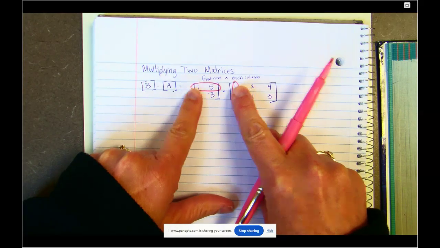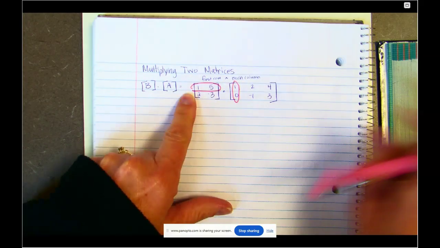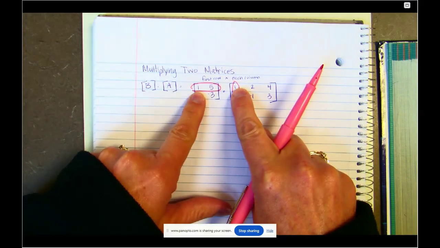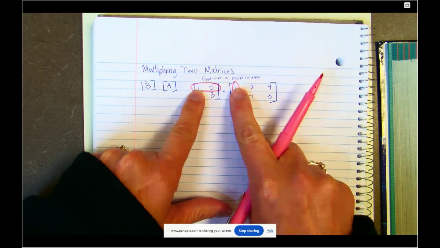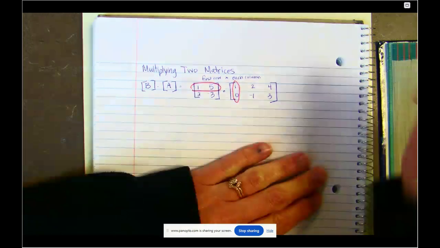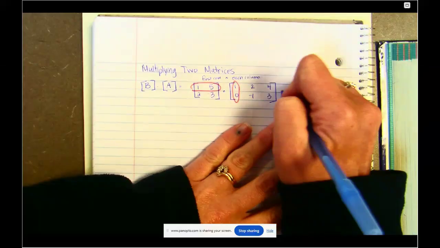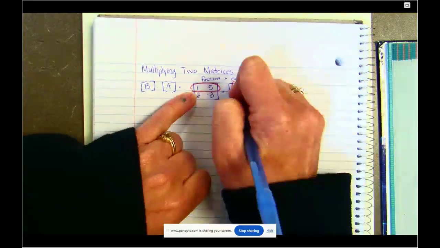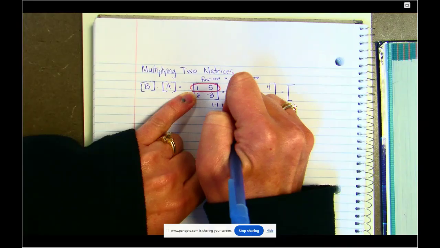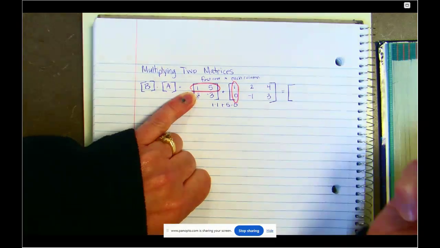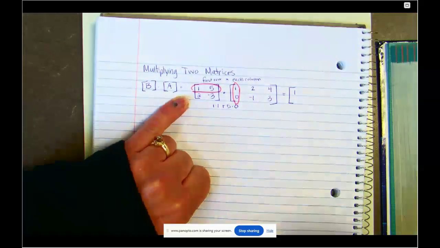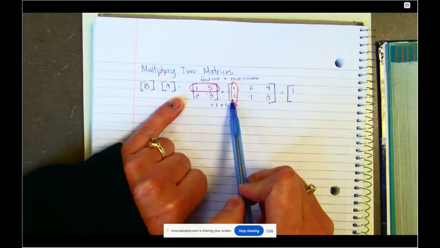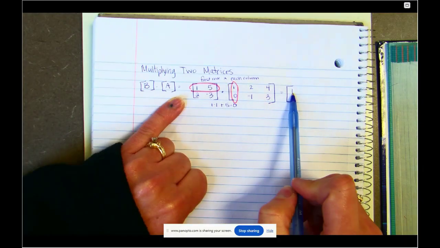Okay, so this guy needs to match this guy. So it's 1 times 1 and 5 times 0, and we actually add those together. So multiply the two, add your final answer. In this case, we get 1 because this is 1 times 1 plus 5 times 0. That goes in the first row, first column of the answer. So I'm multiplying the first row times the first column. So it goes in row 1, column 1 of answer.